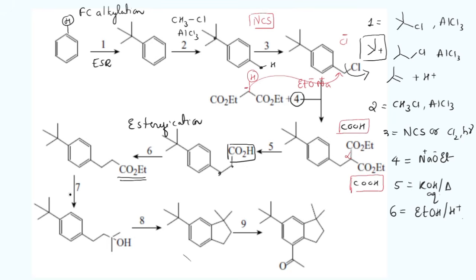This ethyl ester is treated with reagent 7 to form a tertiary alcohol. How to convert an ester to a tertiary alcohol? This is very, very simple. This is nothing but a Grignard reagent. You know that when you treat any ester first with the first mole of Grignard reagent, it will convert it to a ketone. And then what happens when you treat it with the second mole? It's going to form a tertiary alcohol.